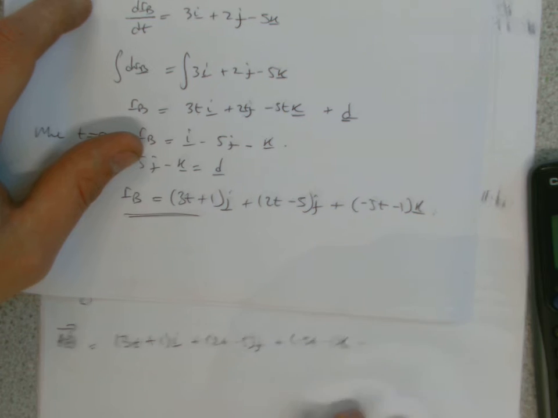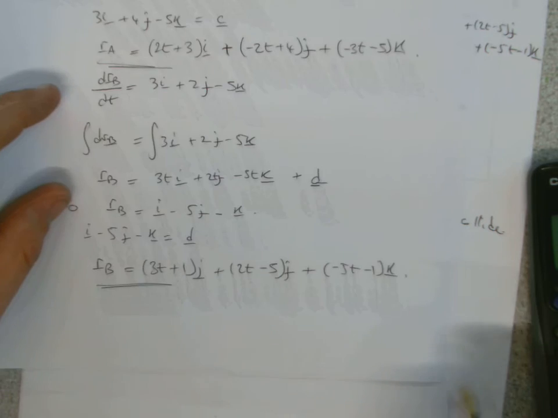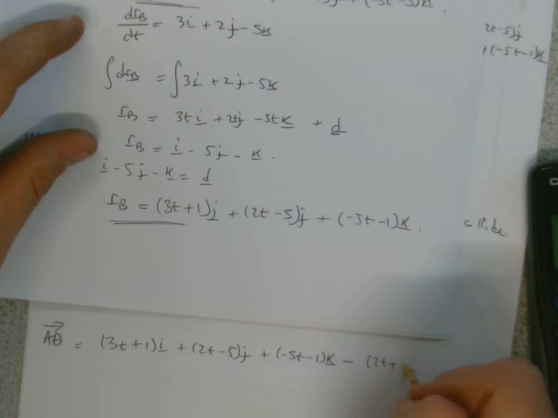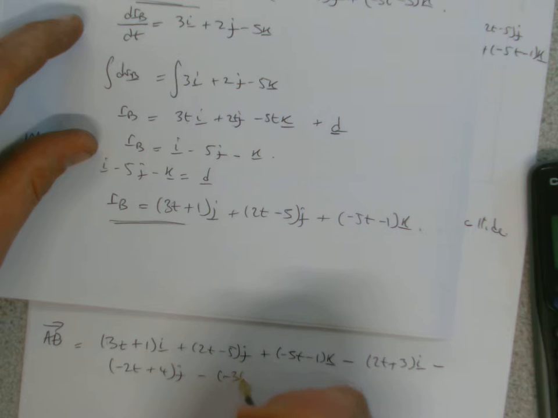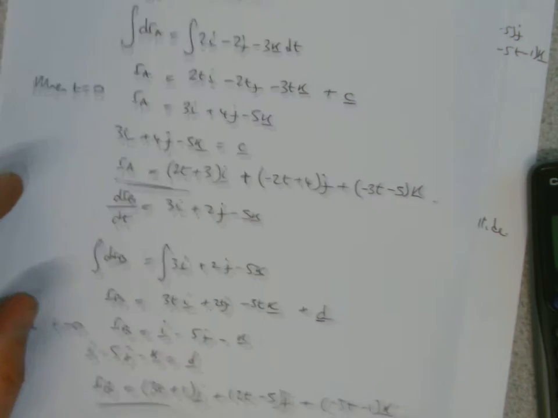And I want to take away then my RA, which is here, so take away 2t plus 3 i, take away minus 2t plus 4 j, take away minus 3t minus 5 k. I've got all this from what I did in part A.